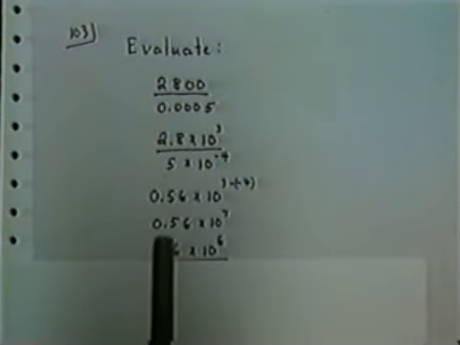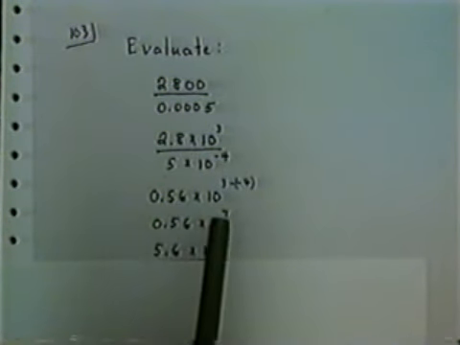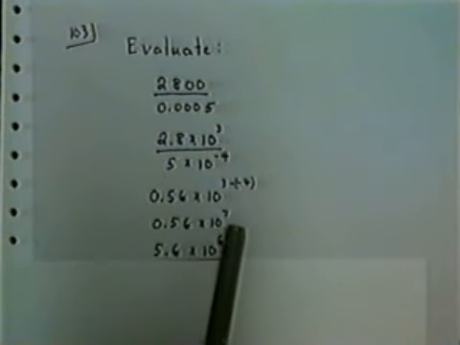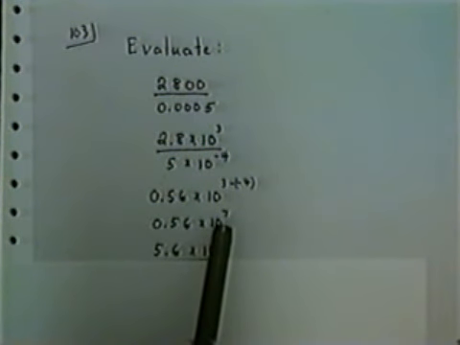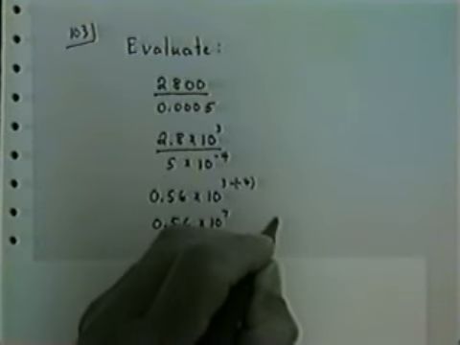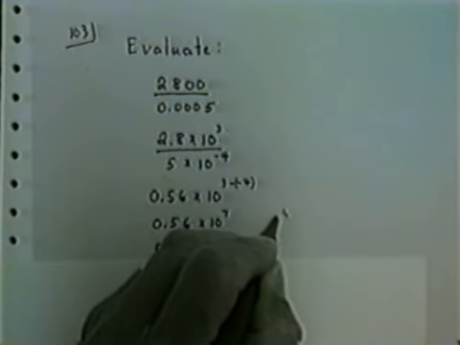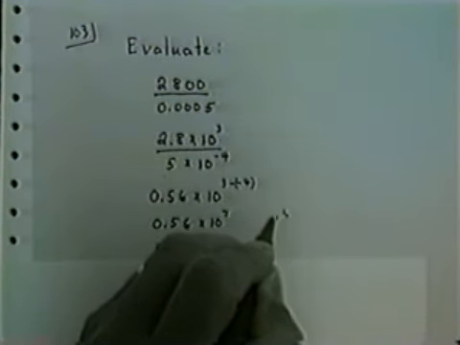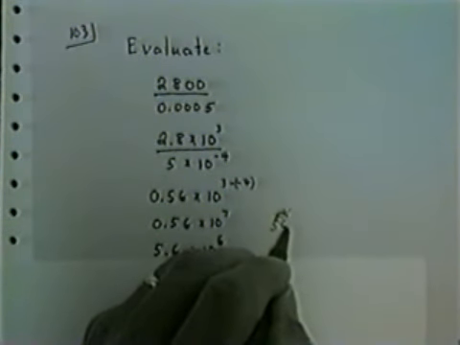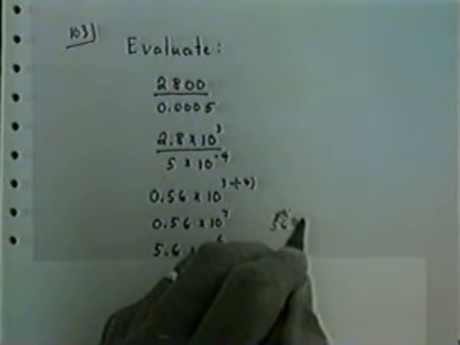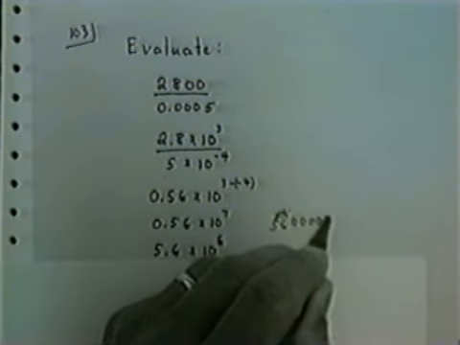Or looking at it another way, this tells me to move my decimal 7 places to the right. So if I move it over 7 places, it wouldn't be a point if I'm moving it, so it would be 5, 6, and then I need 5 zeros. 1, 2, 3, 4, 5 zeros.